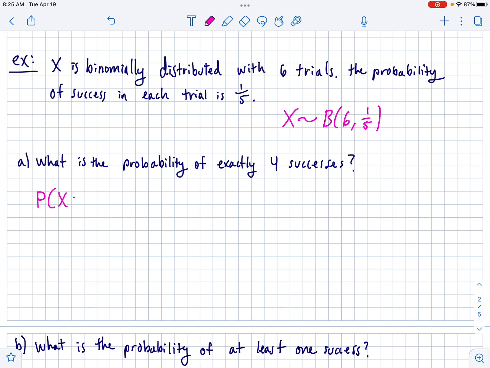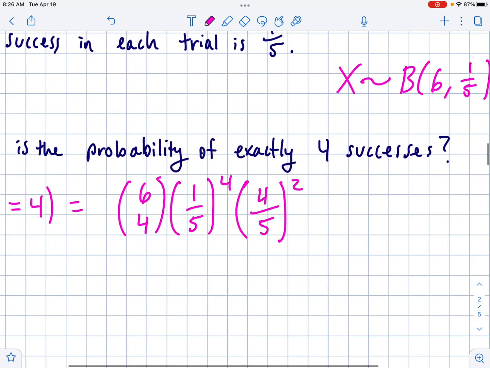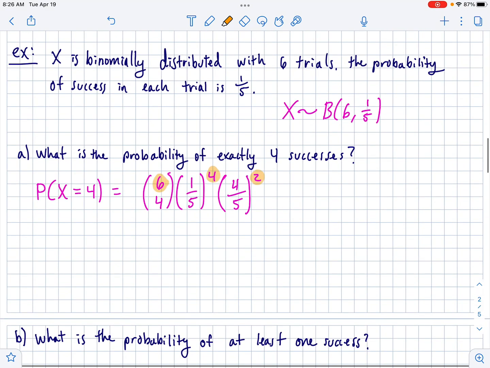If we're looking for the probability that X is equal to 4 successes, this is going to be 6 choose 4 times the probability of success to the number of successes we're looking for, times the complement of success, and there are going to be 2 unsuccessful ones if you get 4 successful. Something to notice: this number and this number always add up to this number. You should remember that a little from your binomial theorem days.